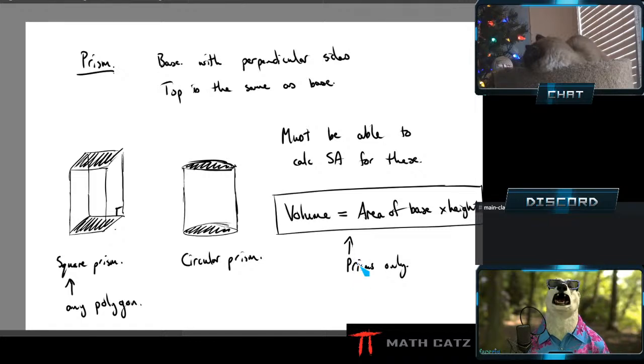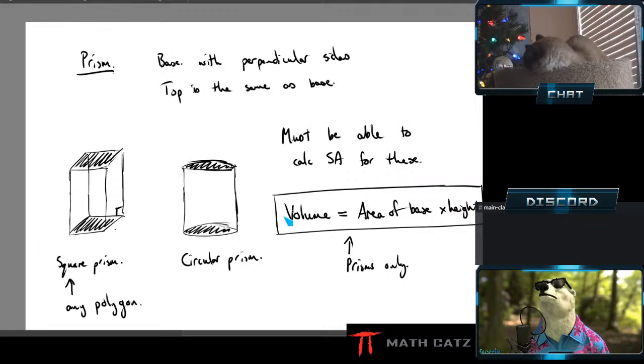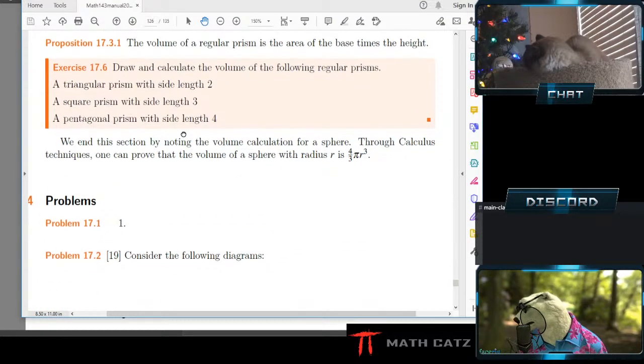Okay, so we now wrap this up. Just want to practice this formula, keeping in mind that you should be able to answer the surface area question for all of these as well. Make it even more interesting by sort of attaching pieces, but simple shapes in isolation, certainly. All right, so this proposition just says how to find the volume.